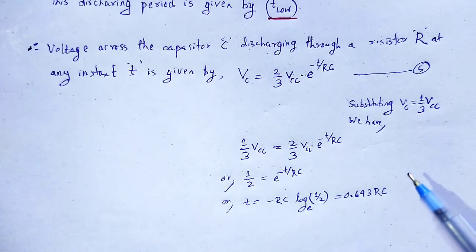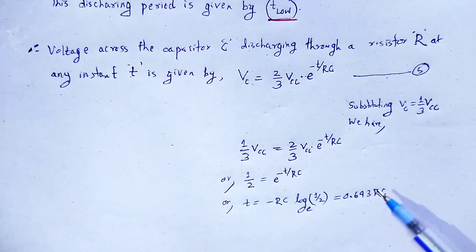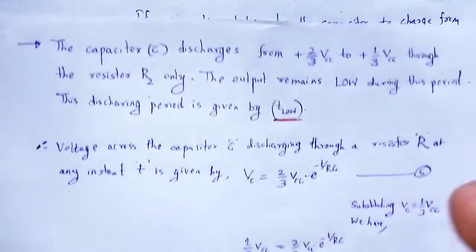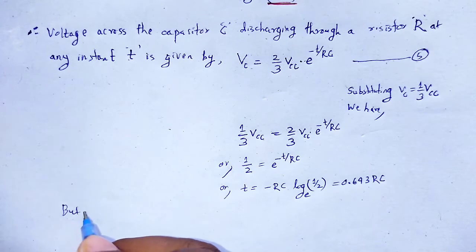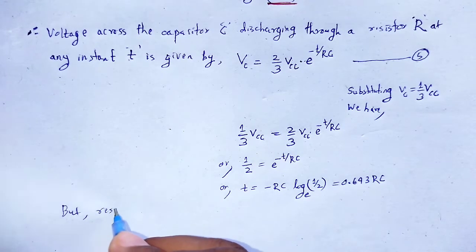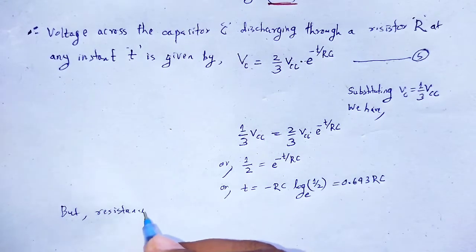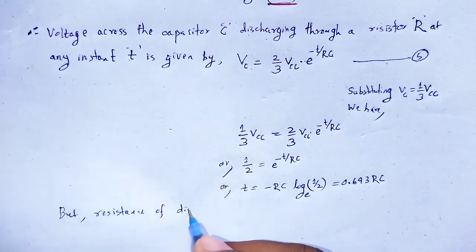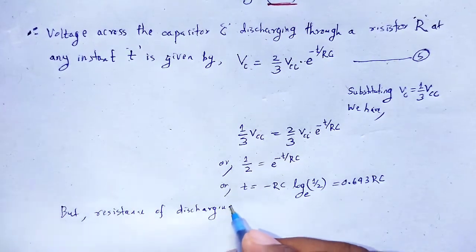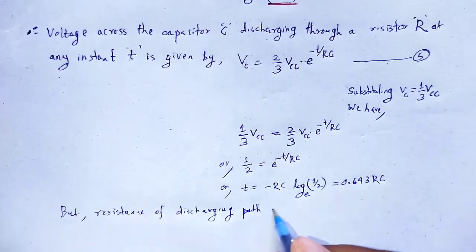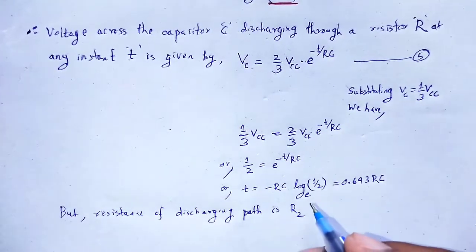But we know the resistance of the discharging path is R2.